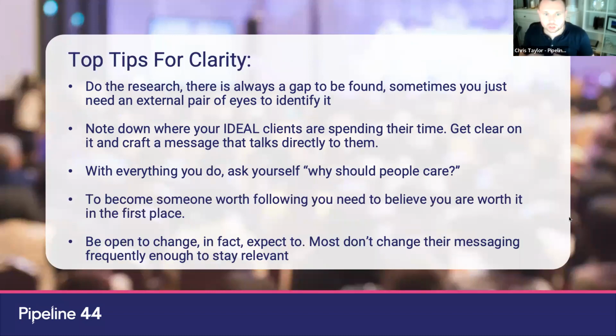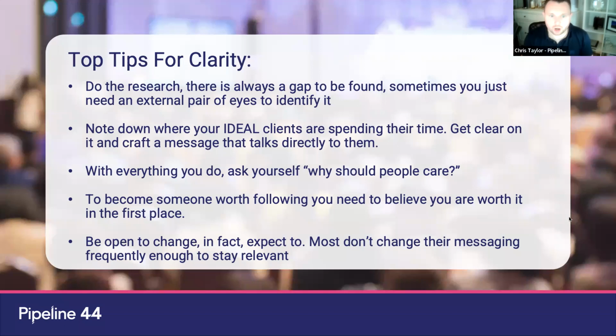So to finish the clarity section off, there are some key things. I'm not going to read them all out to you. They're there for you to take a picture of. But the biggest one is that last point: being open to change. Because if you keep the same message, and I'm going to use Jamie as an example, if Jamie was still saying the same things in the same way that he was a year and a half ago when we first started to work together, his brand would have just slowly diminished.